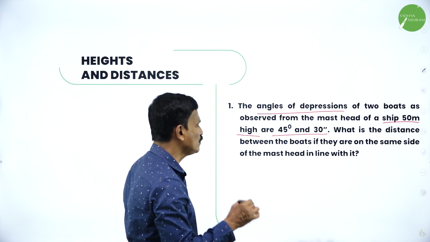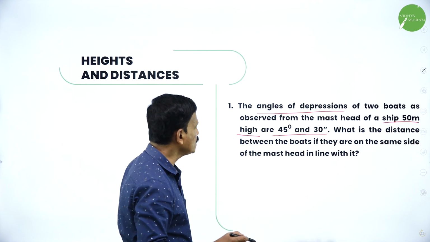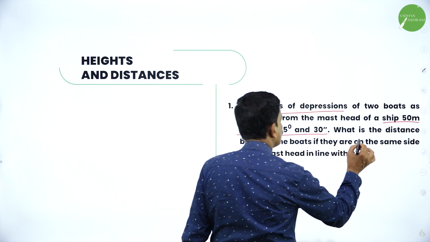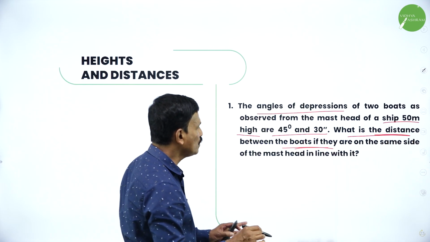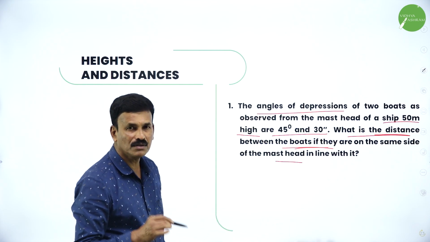What is the distance between the boats if they are on the same side of the mast head in line with it? So what is required to find is the distance between the boats.